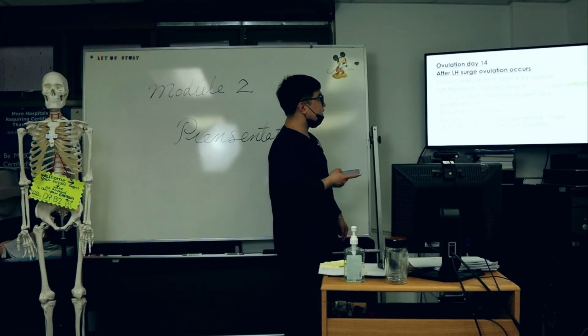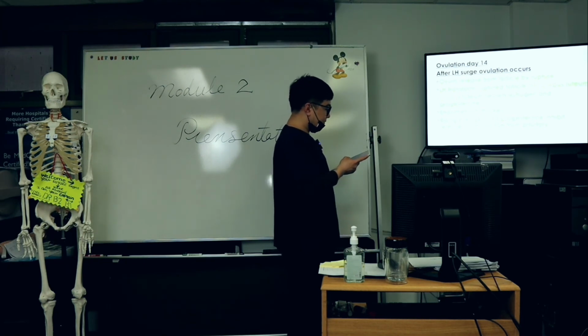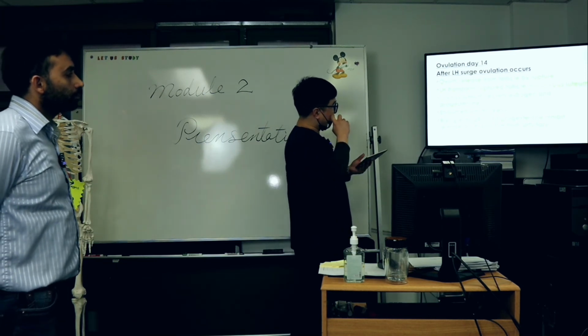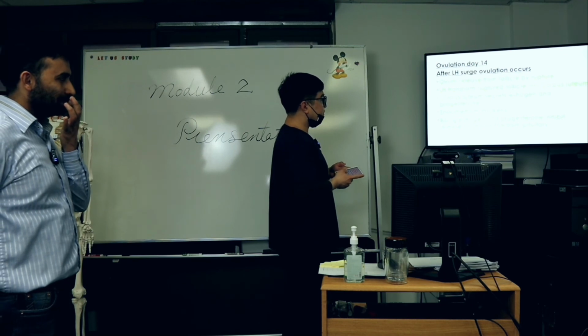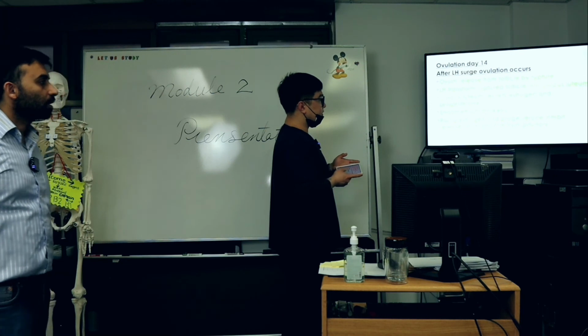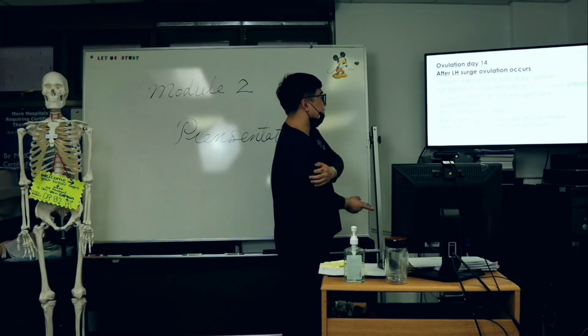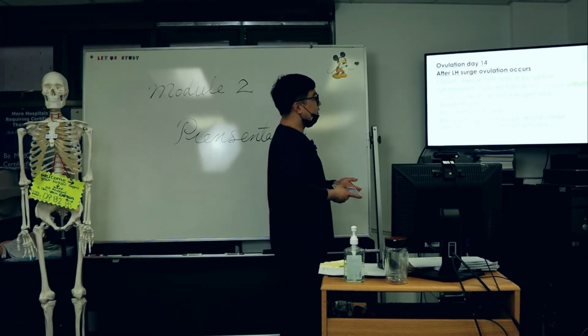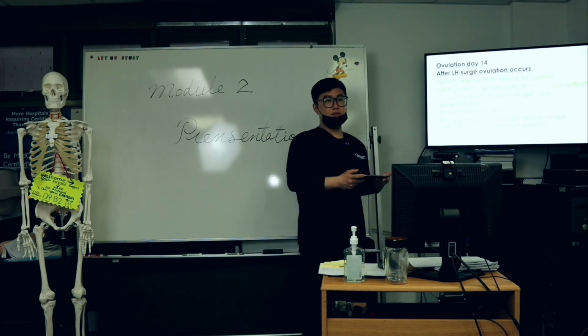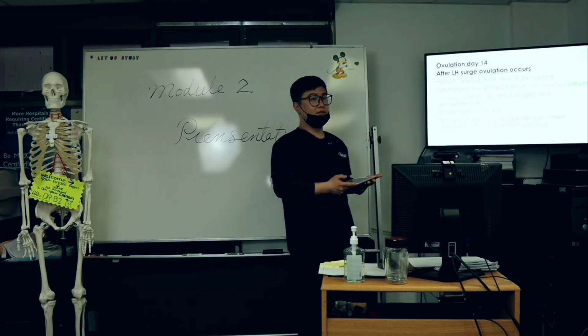The corpus luteum secretes estrogen and progesterone, so the endometrium thickens. The rising estrogen and progesterone inhibit the release of LH and FSH from the pituitary gland. So there is a homeostasis, like they have to tell it, you need to stop. Feedback.